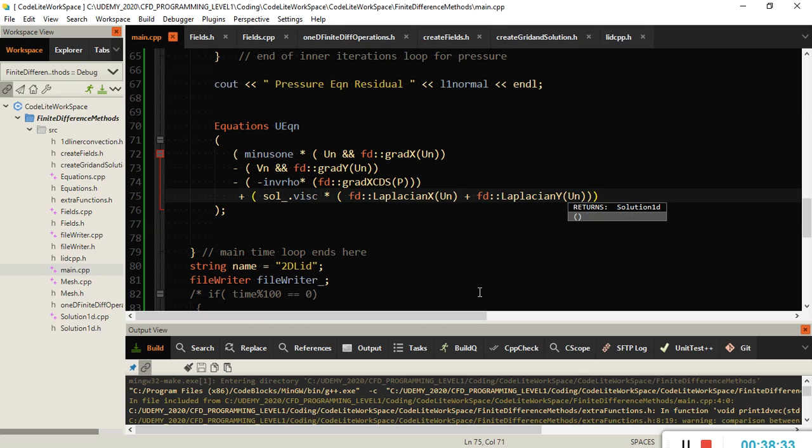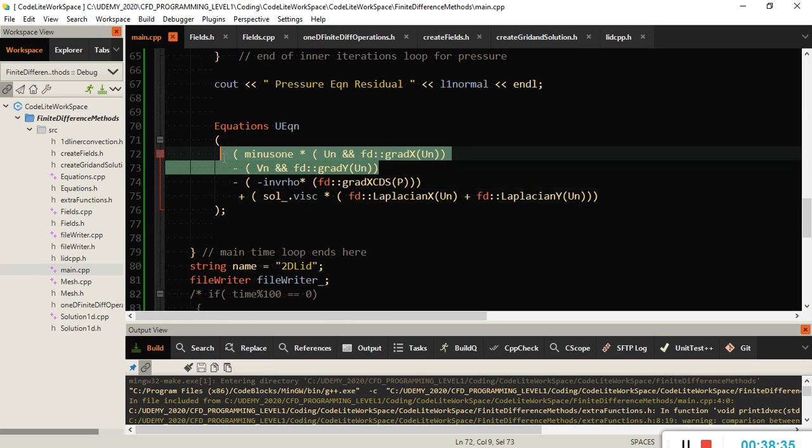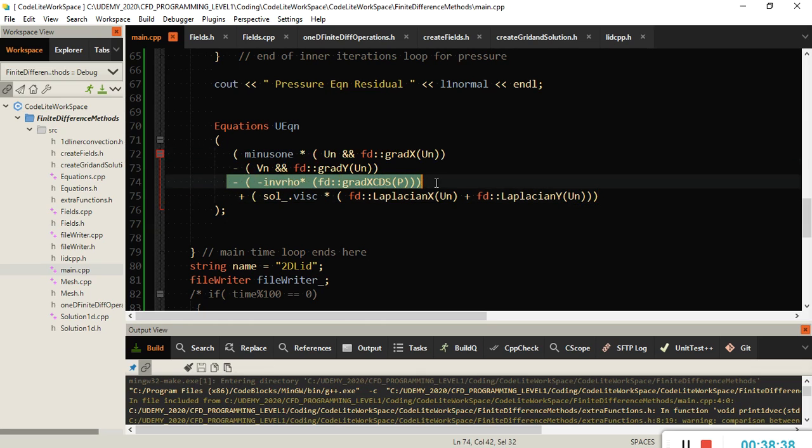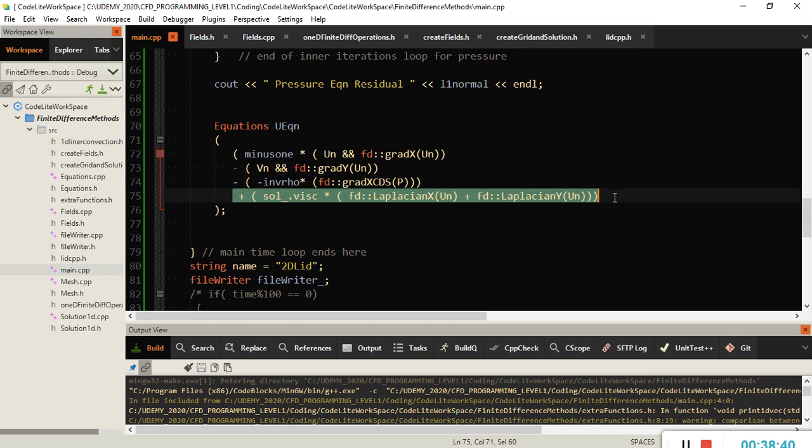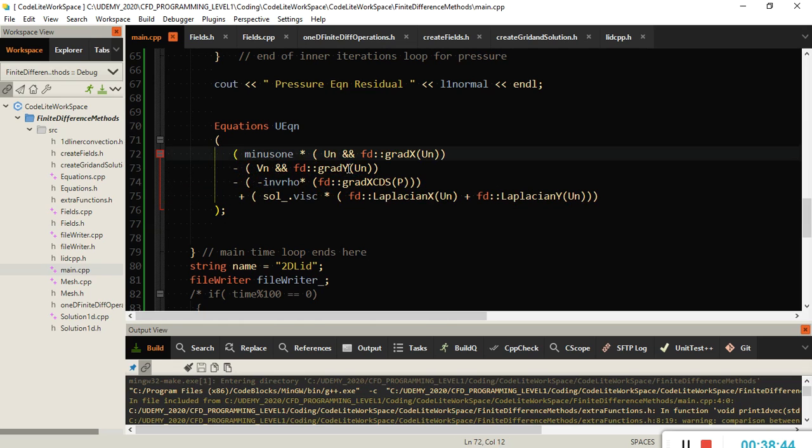So let's see, we've got our two convection terms with negative signs, pressure term with negative sign, and this term with positive sign. The one thing that is missing is a bracket here. So this term is closed with these brackets, this term is closed, this term is closed, and this term is closed, and the equation constructor is closed successfully, and we have written the entire equation.